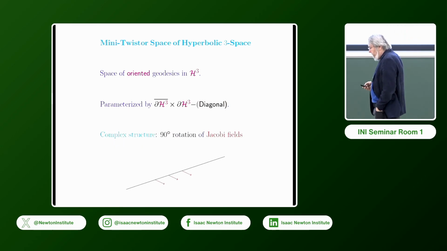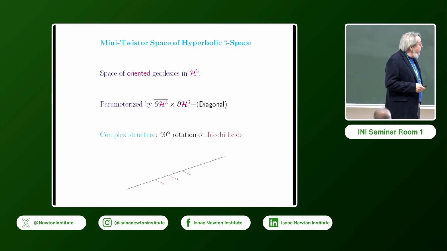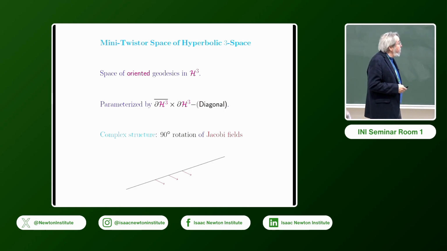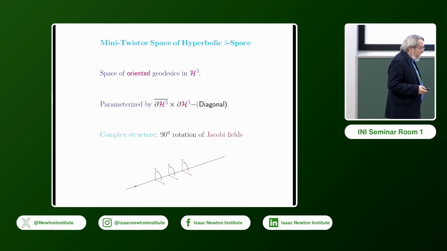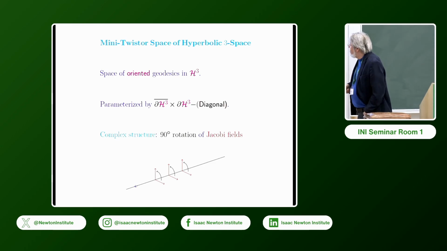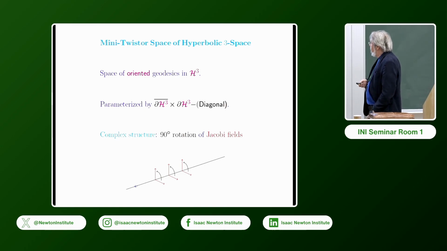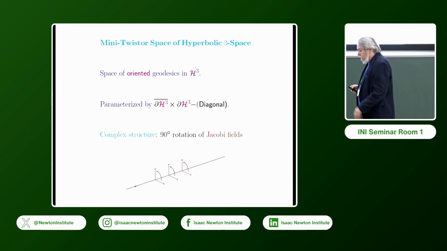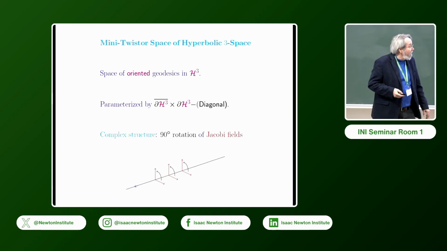If you do it that way, then there is a very simple and natural complex structure on the space, which corresponds to the fact that given a Jacobi field along a geodesic perpendicular to the geodesic, I've drawn this as if it's in Euclidean space, but on a very small scale hyperbolic space looks like Euclidean space, so the picture is not too much of a lie.